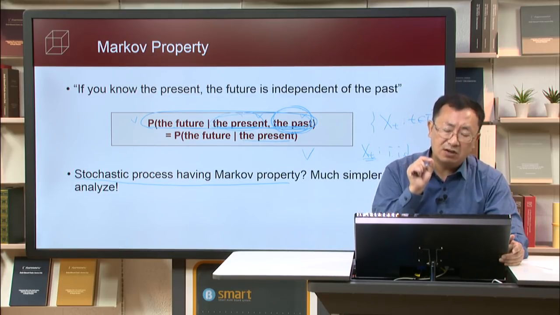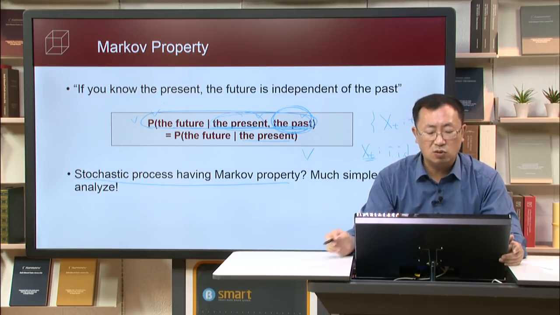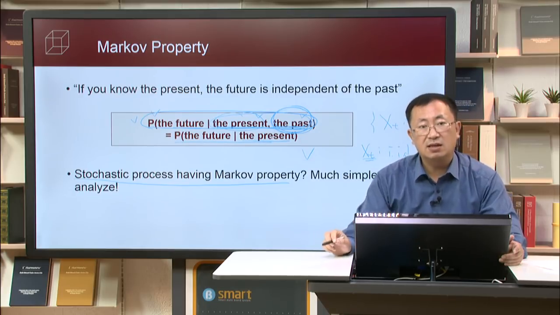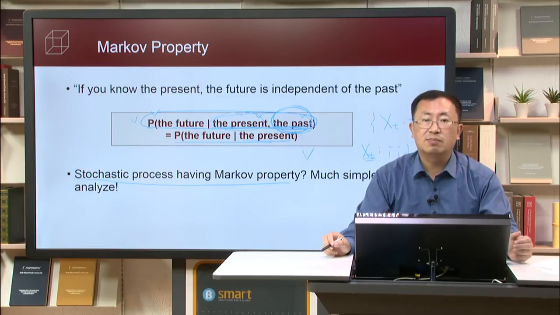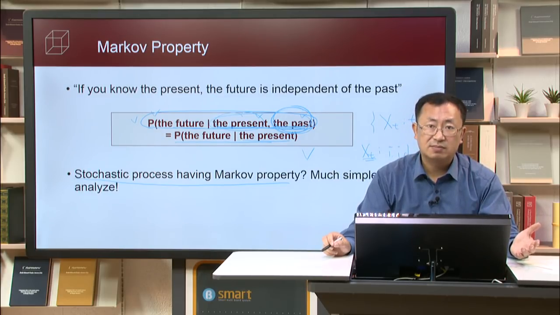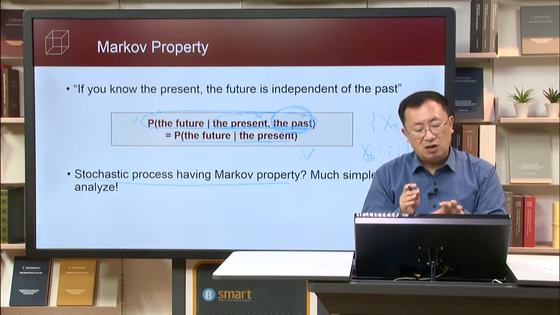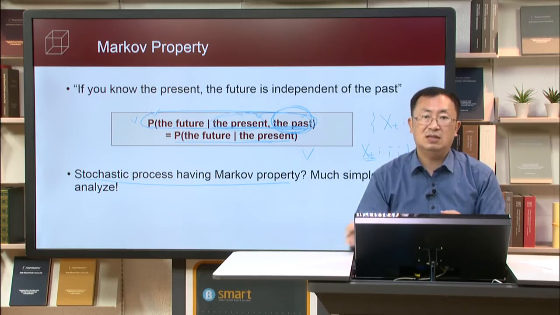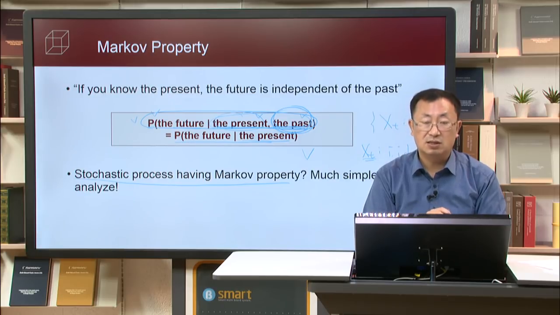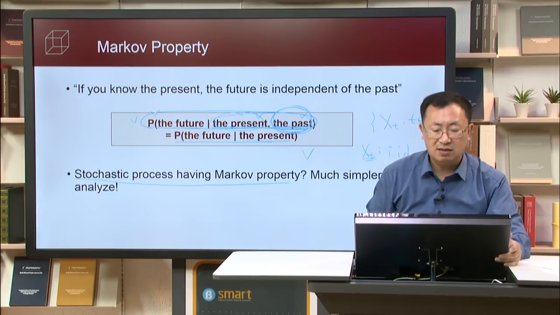If the Markov property holds, this conditional probability is equal to this: the future is independent of the past given the present. Basically, we take a look at the stochastic process having the Markov property first because it is one of the simplest cases, and one of the simplest things to analyze.